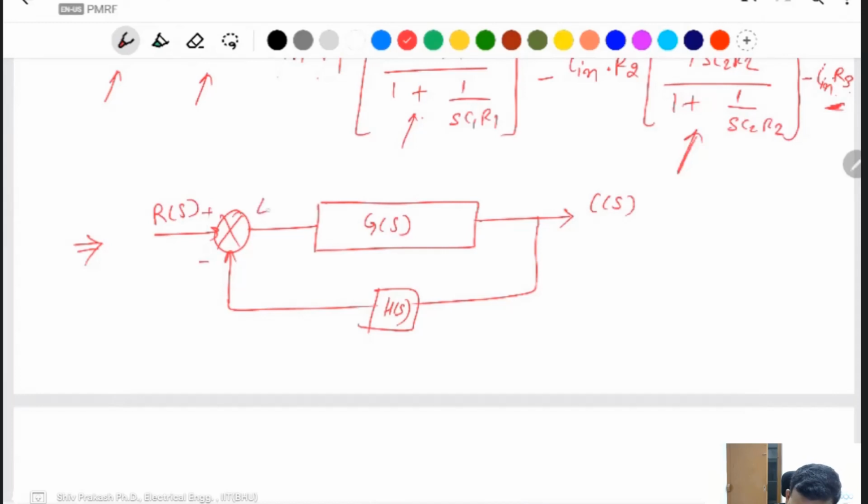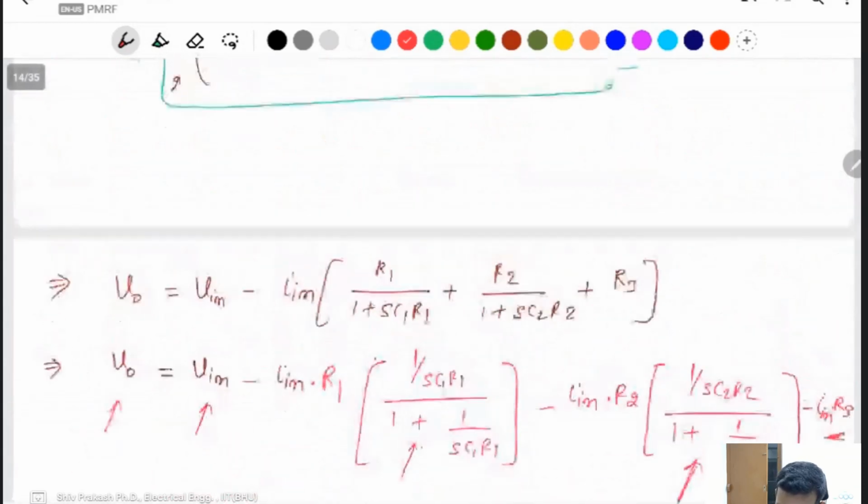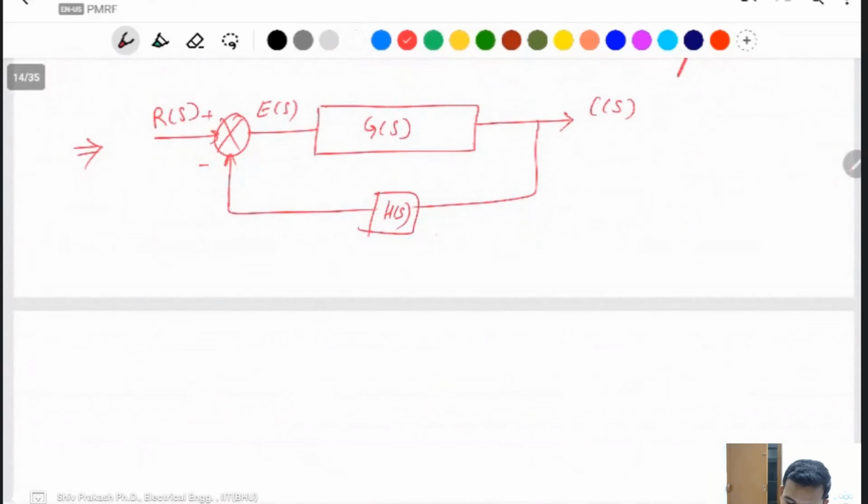This one is the error, input minus output. This will be the error signal here. This one you have the plant, G(S). This is negative feedback. Mainly this feedback is just like a sensor multiplier. This is a gain multiplier system, feedback gain, to convert the output to the same type as the input.